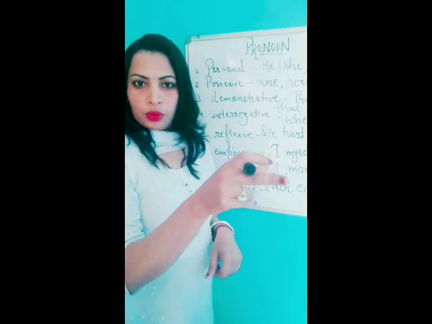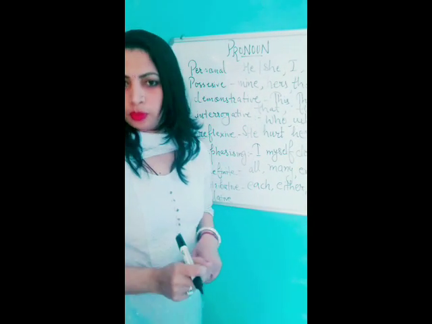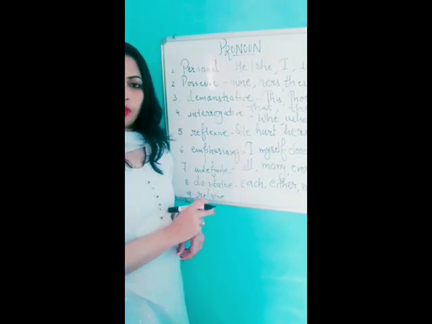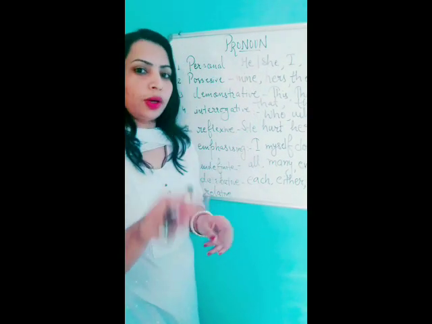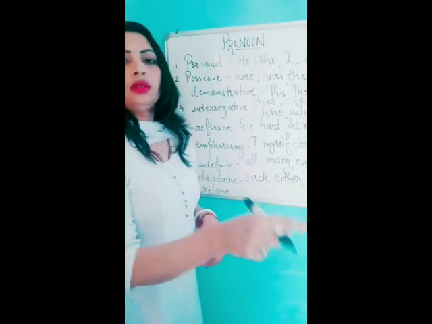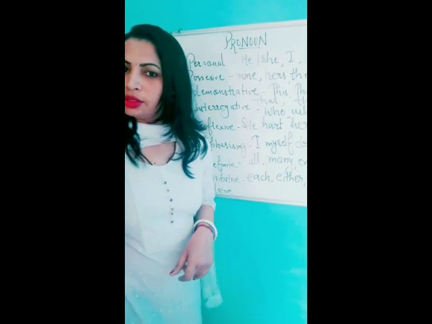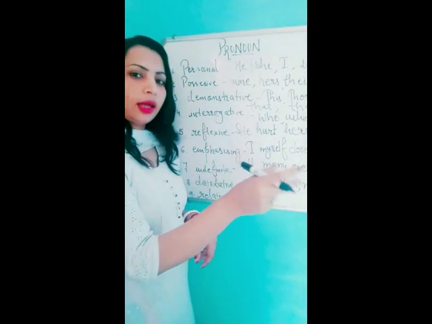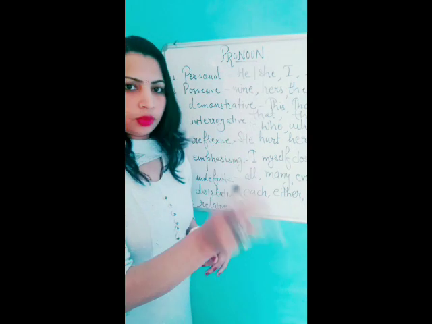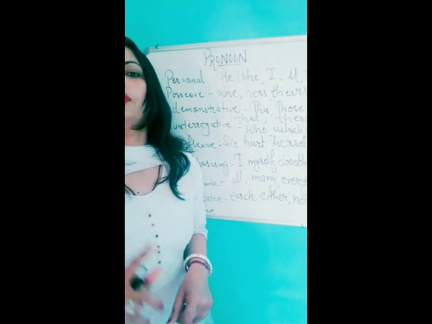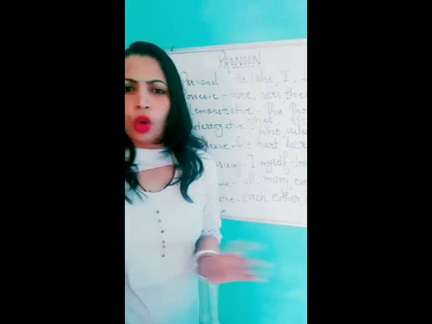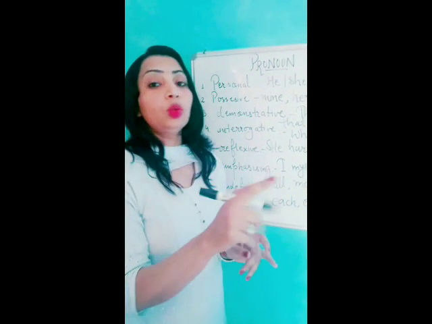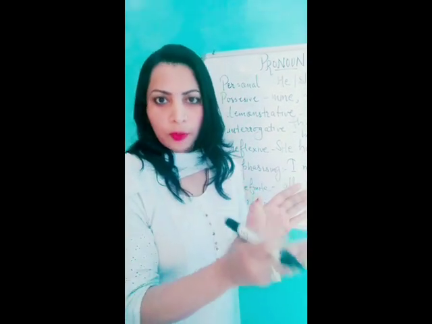Each one of you will show your notebook. Distributive pronoun. I am referring to each one of you. Either you will go or your friend. Either. I am referring to one noun out of two. Neither of you will go out. No one. Again, I am referring to one noun only out of a group or two.